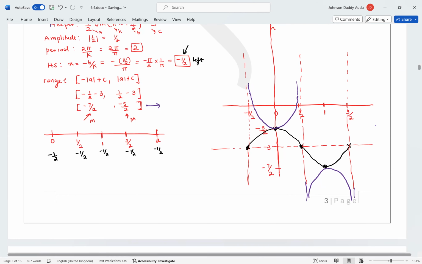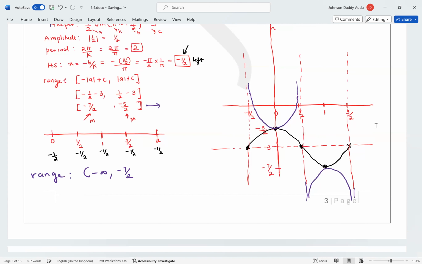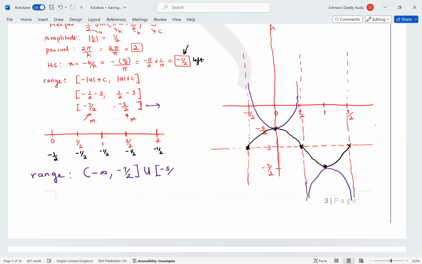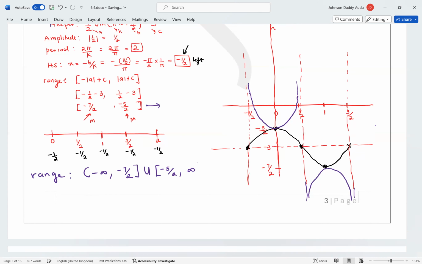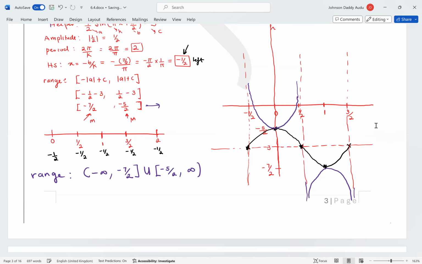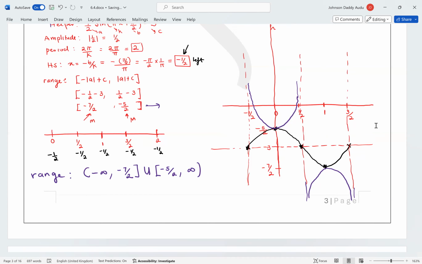So what will be the range of the graph? As you can see, the range of the purple graph is from where? It's from minus infinity to what? To minus 7 over 2 closed, union minus 5 over 2 to where? To infinity. This is the range of the graph.